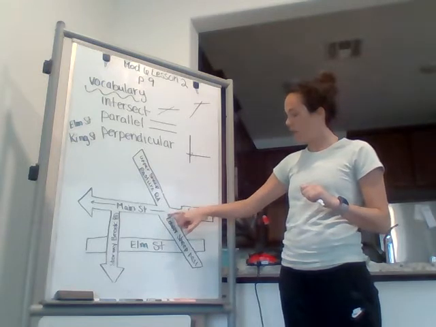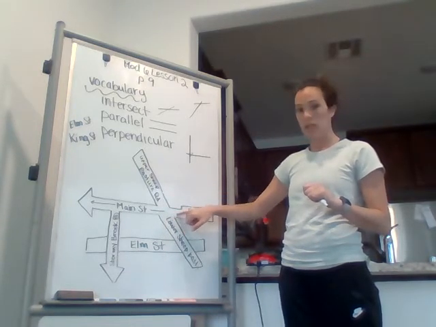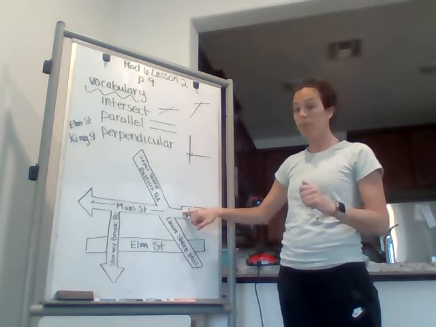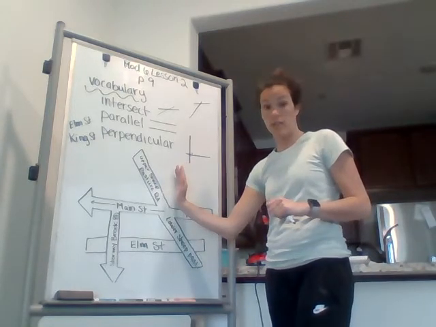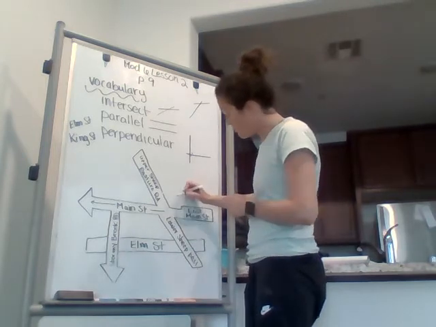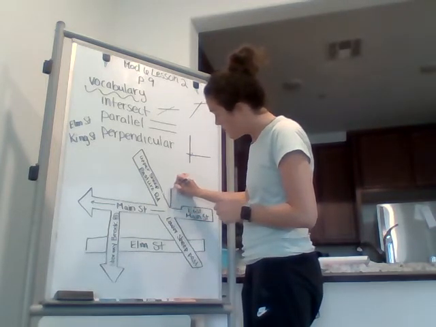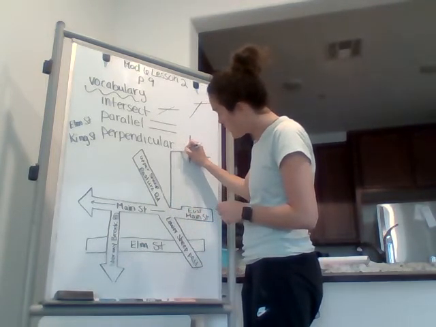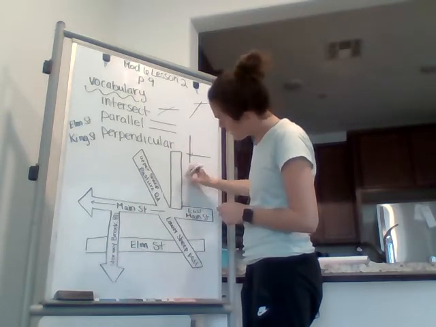So this road has to start here, and it needs to be perpendicular, creating a 90-degree angle with Main Street. So the only space that could be is right here. King Street.